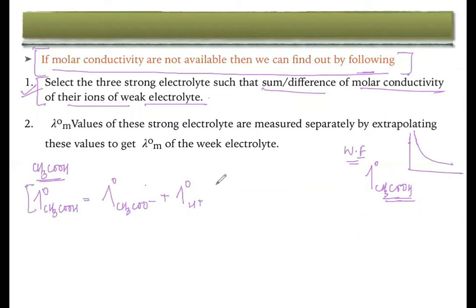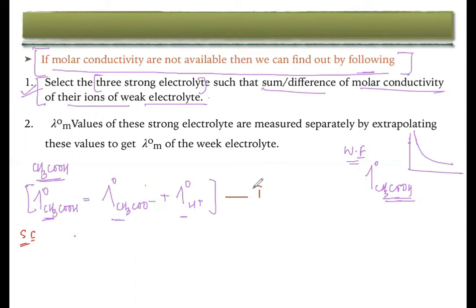Now, experimentally, finding the value of acetate ion and H plus ion is very difficult. But we can find out the molar conductivity of acetic acid by taking strong electrolytes. So now take strong electrolytes which will give the expression for this acetic acid.